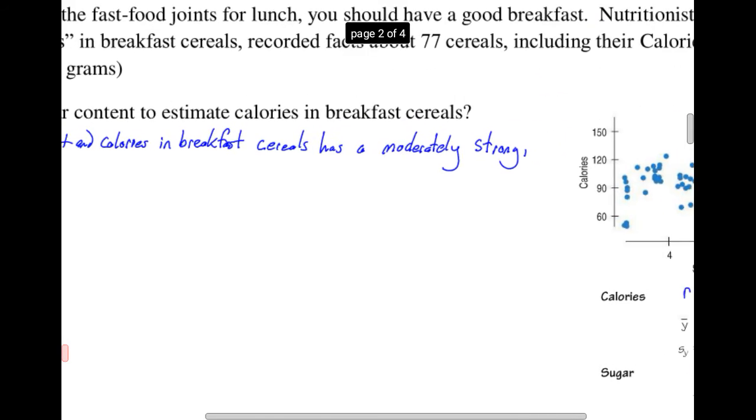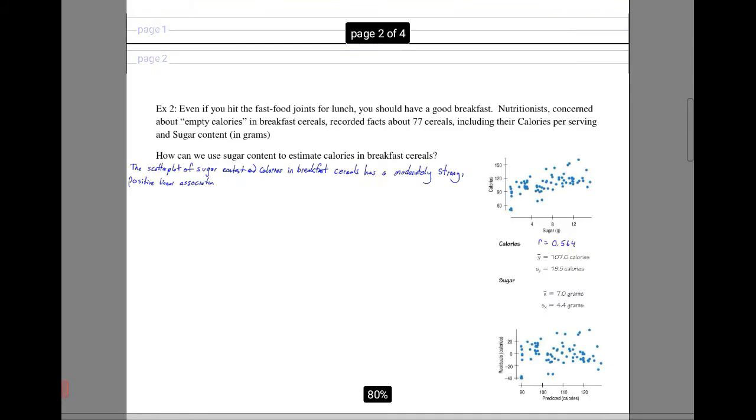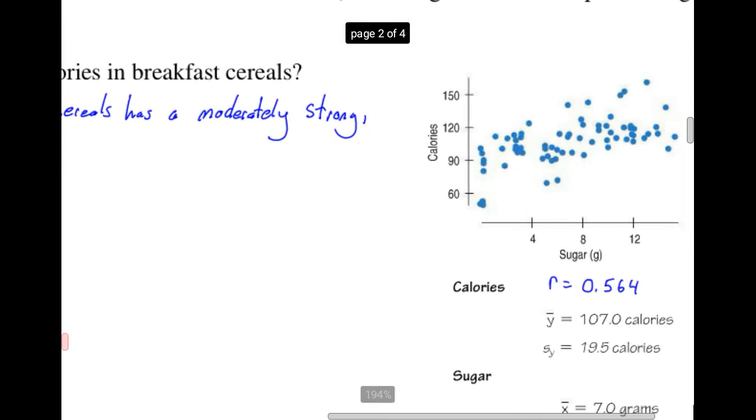If you said it was just strong, I would probably be fine with this. The points are spread out a little bit, but it's definitely linear. That's a pretty good one.